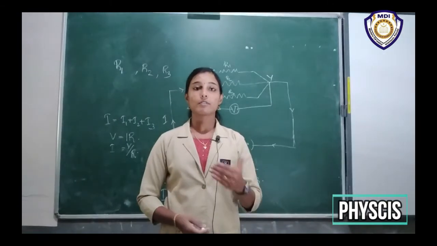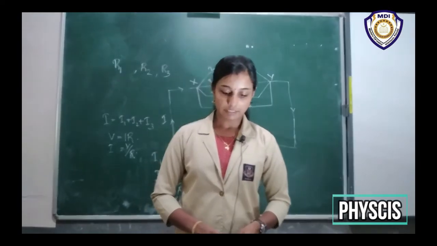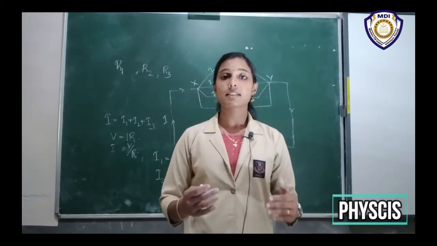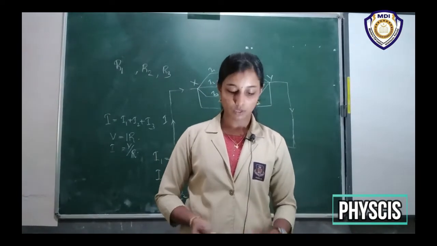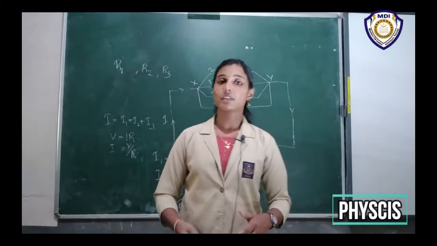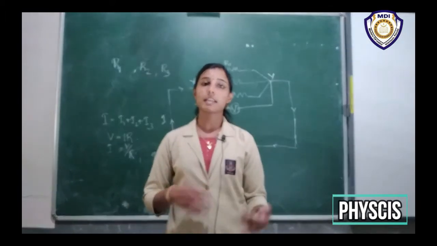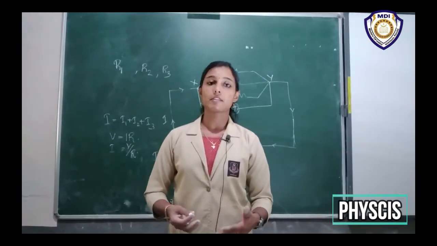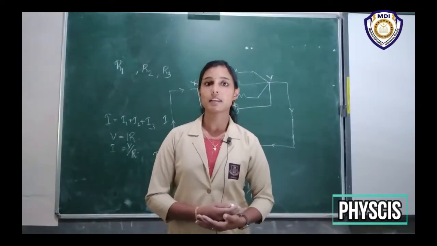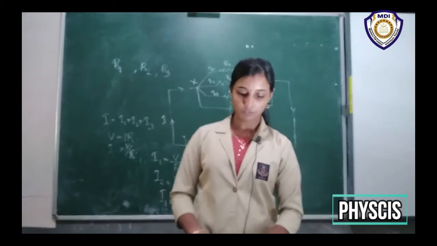We can connect the voltmeter in between the individual resistors, and the voltmeter should show the same reading in all cases, right?